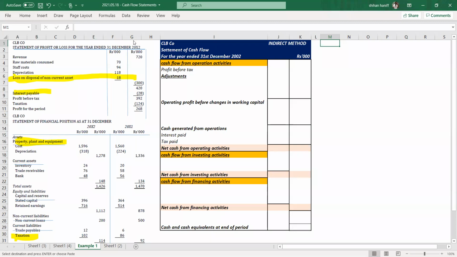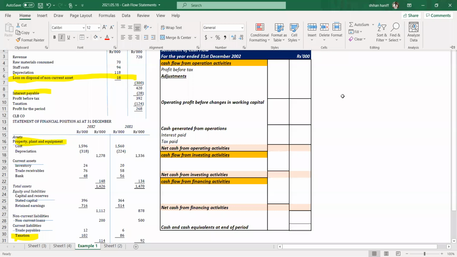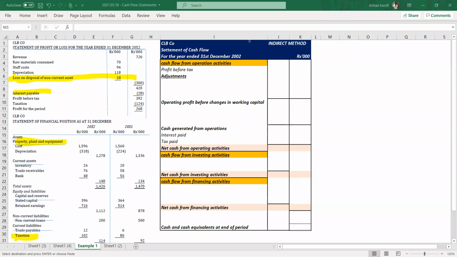So we need to sort out the PPE. We need to prepare the ledger account for PPE depreciation and disposal. Three ledger accounts.